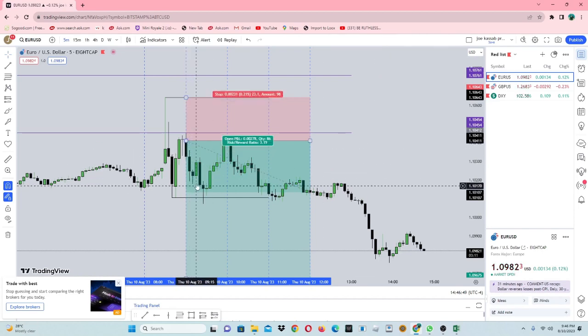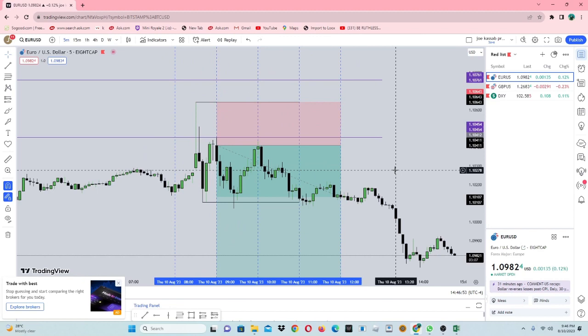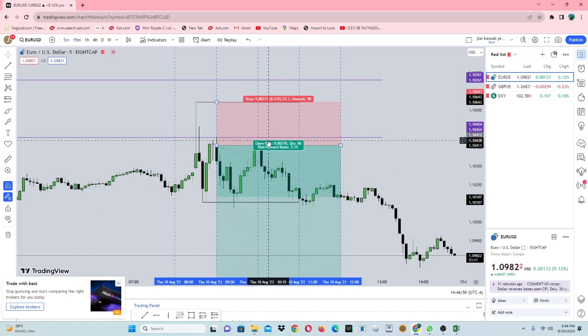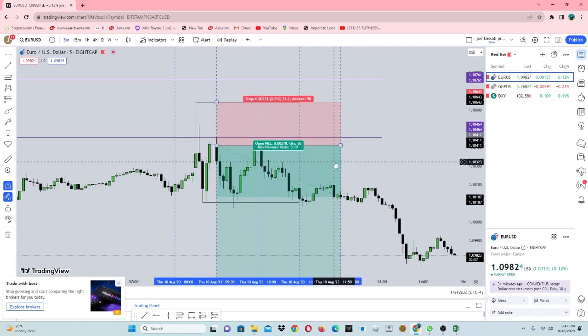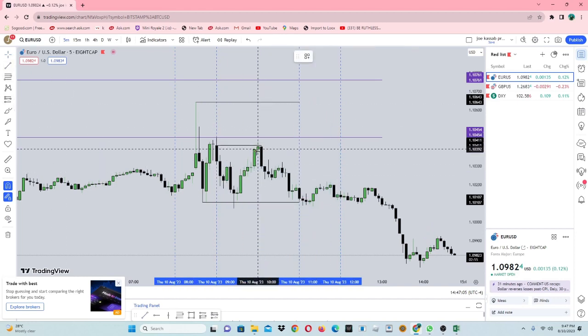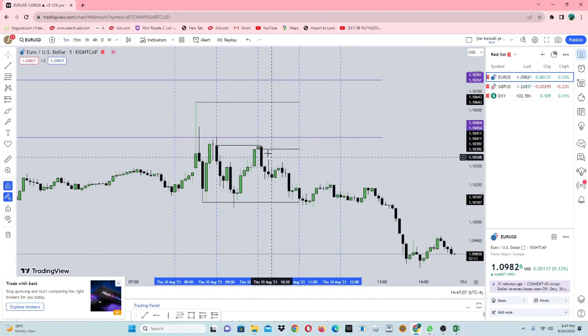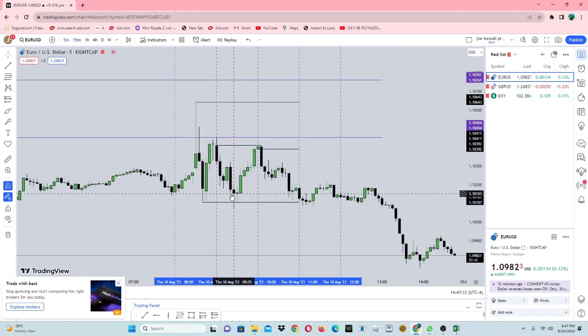So right here we are in a discount. If sellers want to enter the market, they need to go above the opening price. The second candle has an opening price right here, and as you can see, we went above it. We swept the previous high because we took liquidity from the low.